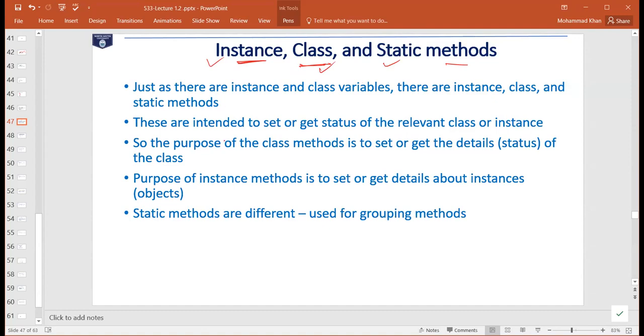Instance methods can only access the instance variables, obviously. The class methods can access only the class variables, and the static methods cannot access any instance variables or class variables. They normally use the namespace only.